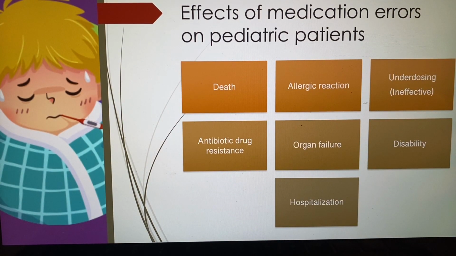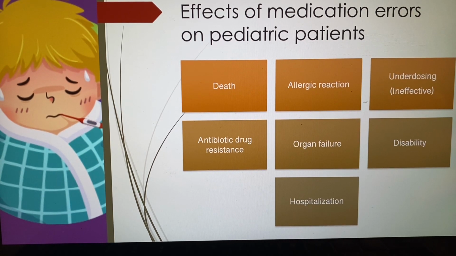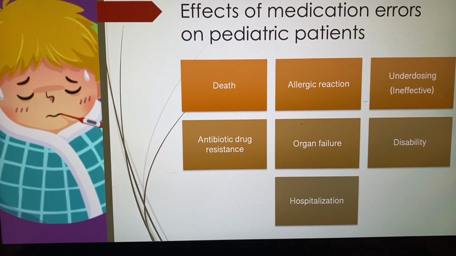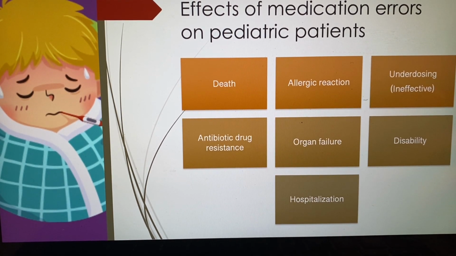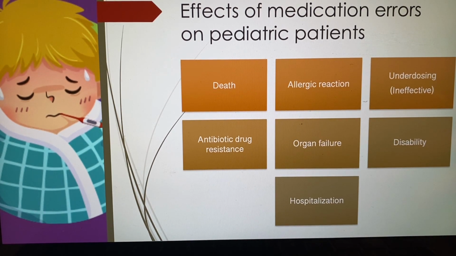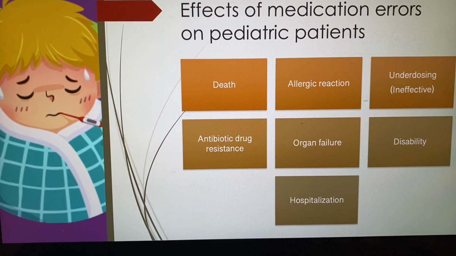Pediatric medication errors can cause negative effects on the patients. Medication errors are of concern in the pediatric population due to the devastating implications for patients and are more likely to be life-threatening, especially death. The increased risk is due to the underdevelopment of their metabolism, which can affect medication clearance.